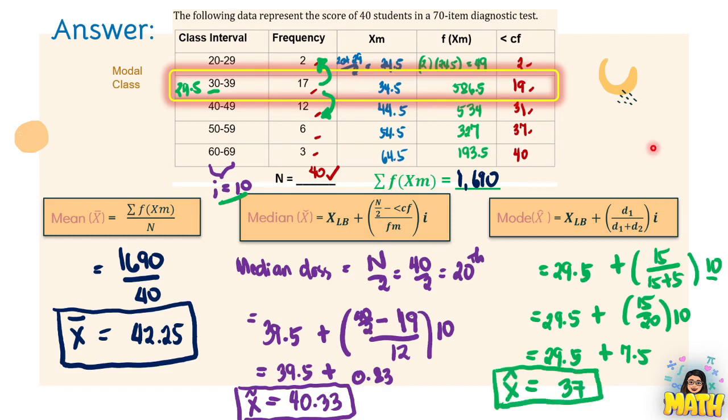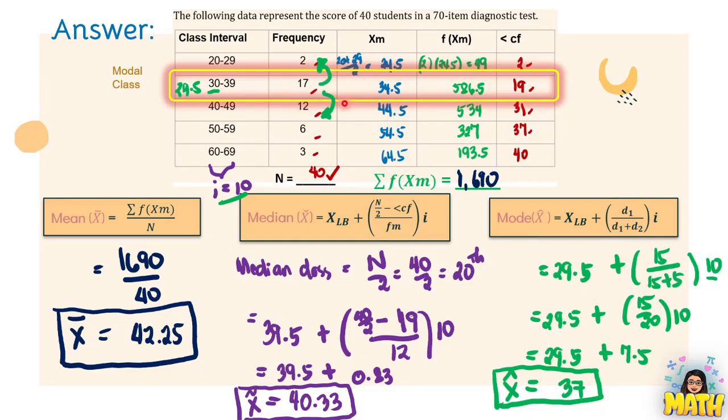And the last one, for the mode, we find first the modal class, which is the class interval with the highest frequency, 17. From this, let's get the lower class boundary, which is 30 minus 0.5, that is 29.5, plus d sub 1, the difference of the frequencies of the modal class minus the frequency of the lower class interval, 17 minus 2, 15, while d sub 2 is 17 minus 12, that is 5.